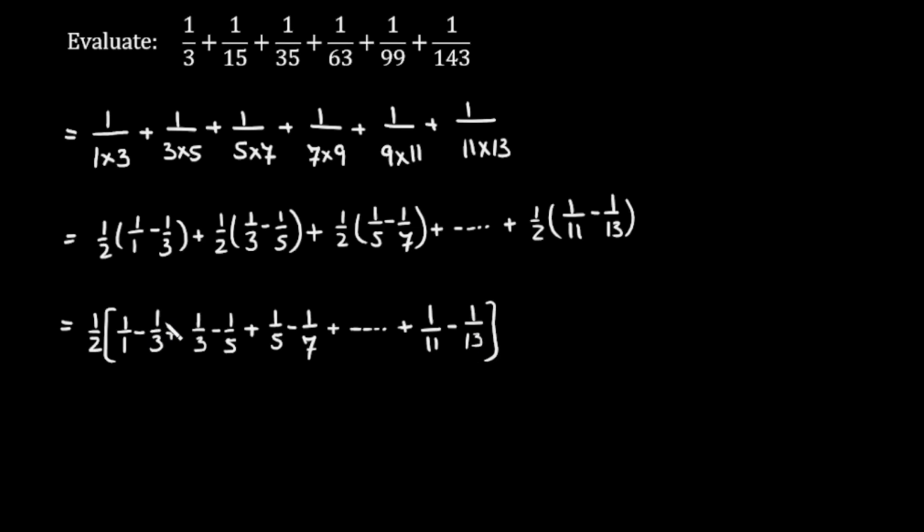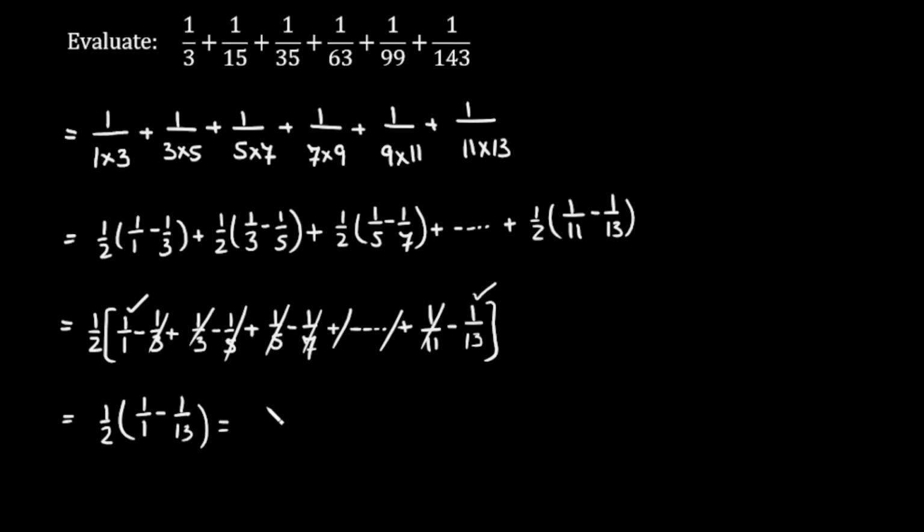So minus 1 over 3 plus 1 over 3 minus 1 over 5 plus 1 over 5 minus 1 over 7 will cancel the term next to it, and 1 over 11 will cancel the term before it. So we will only be left with the first term and the last term. So this is equal to 1 over 2 times 1 over 1 minus 1 over 13.